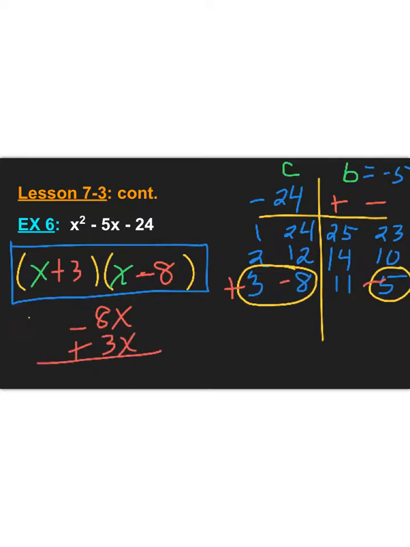So if I add those, a negative and a positive, we subtract. That gives us 5x, and keep the sign of the larger. Well, the larger is 8, so that's negative. So that -5x matches up with that. And finally, a positive times a negative is a negative. 3 times 8 is 24.